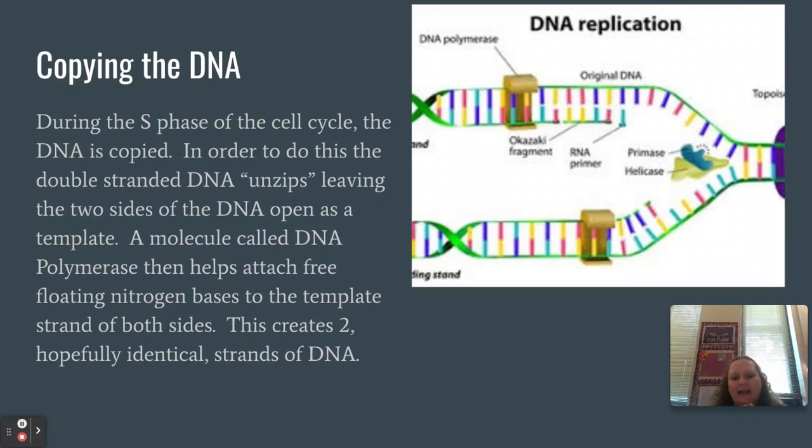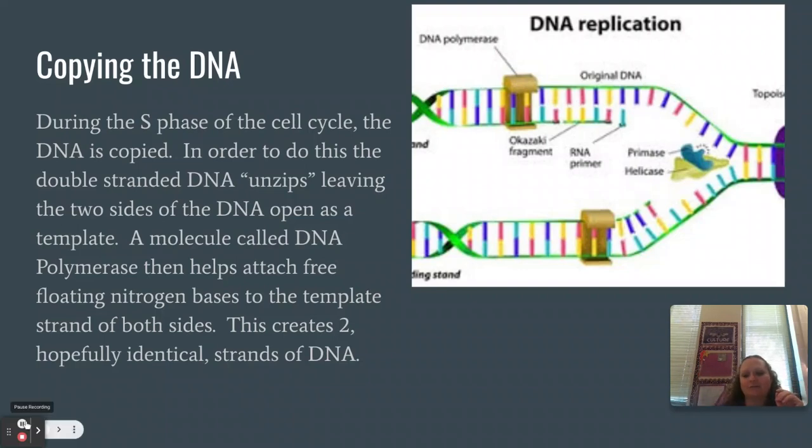They're able to replicate it using that helicase and the DNA polymerase. And if you remember what I told you, anything that ends in ASE is an enzyme, so both of these are going to be enzymes. Because they're using the template of the original strand, ultimately you're going to end up with two strands of DNA that are identical.